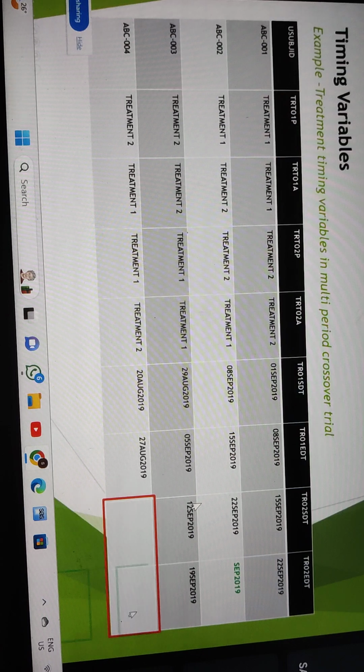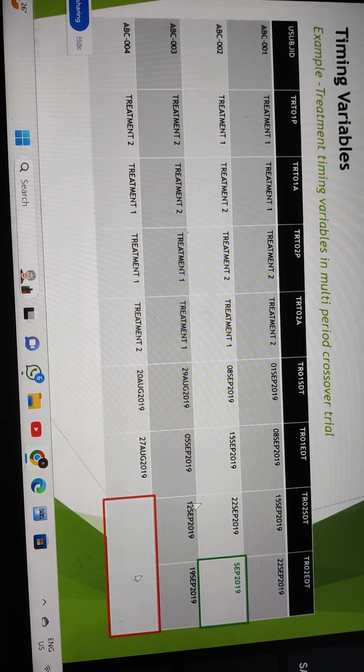Likewise, this blue one is a partial date, where the day part is missing, and here the entire date is missing. Here the complete date is available: 8 September 2019, September start and end dates.